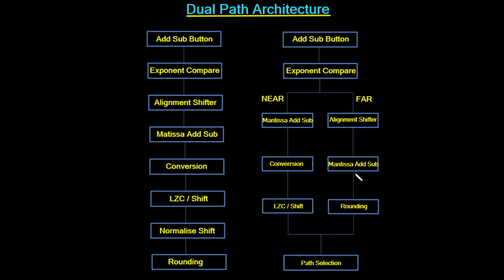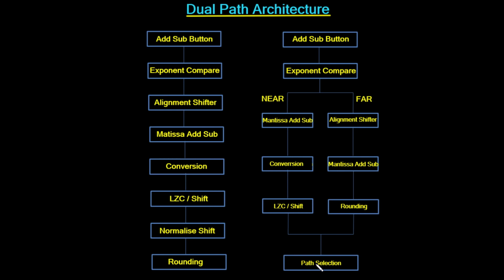So we know that it had already been swapped over, and we would be subtracting the largest value from the smallest value. So we won't have a negative answer in here for this particular far path, so we don't need to do this conversion. And then we take care of the rounding here, and then we head out through the path selection. So that means, again, we've only got 3 things we need to do down this path here as well.